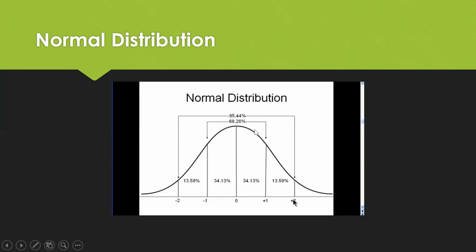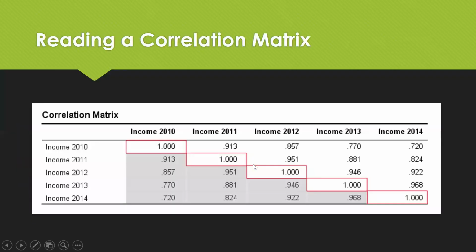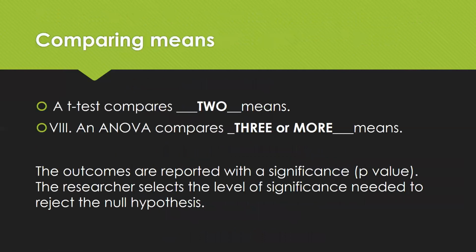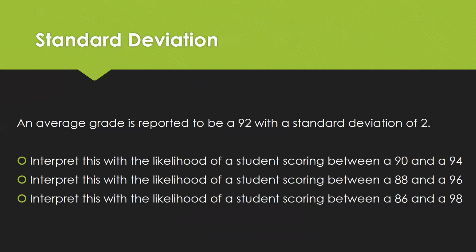So it's 68% likely, is how we would interpret that, that a student would score between those two. When we go to 88 and 96, you can see we're now 2 standard deviations away from the mean in both directions. So in this case, there's a 95% likelihood that a single student would be scoring in this range.